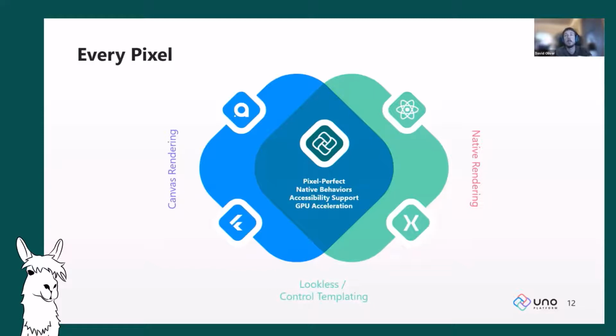But we're still using native views, as I mentioned. So we're using UIKit on iOS, the DOM in the browser, and so on. But we're using the visual primitives in those frameworks. So we have pixel perfect control, but we also have easy access to native APIs of the platform.